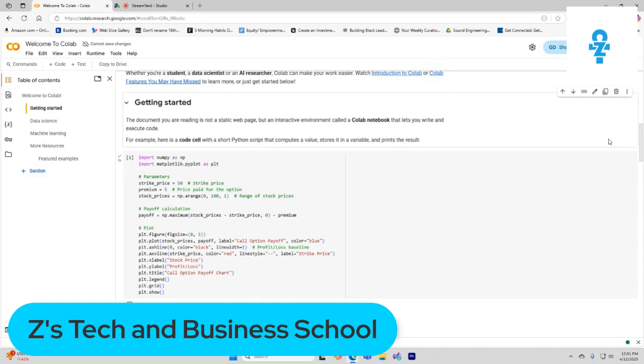It's like Google's little editor, and so how we started it, we just imported NumPy, I think that's how you say it, and then we imported Matplotlib. Then we did the variables: strike price equals 50, premium equals 5, stock prices equals the np.arange, which is a range of stocks, by the way.